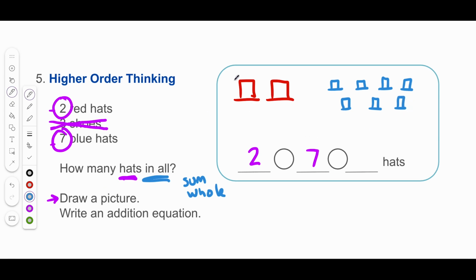That might help us tactilely counting out what the answer to this equation is going to be. Because it says in all, I'm adding these parts together, and the whole is going to be 7 and 2 more, 7, 8, 9. I like to start with the larger number. We drew a picture, we wrote an addition equation. We know that because we have the equal sign, and we're set.